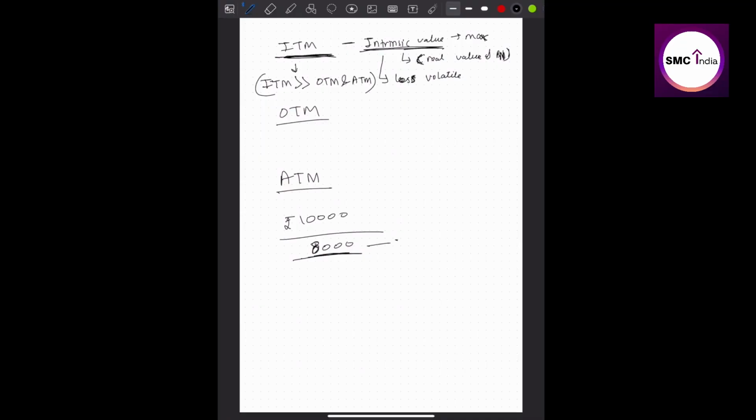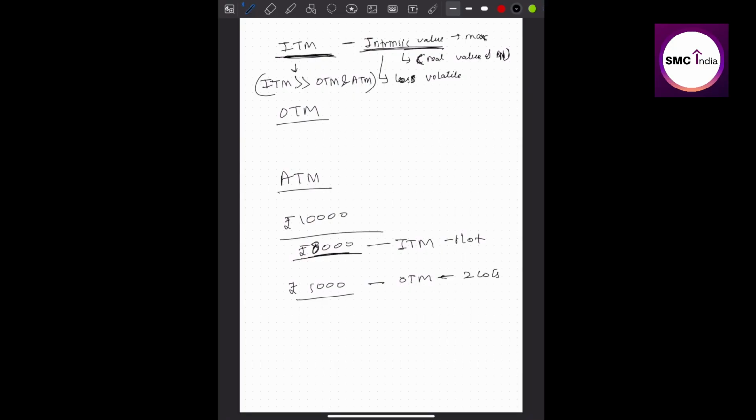Trader A buys in the money. He can only buy one lot. Trader B buys out of the money, and let's say one lot of out of the money Bank Nifty option costs 5,000 at that particular time. So he can buy 2 lots, correct?